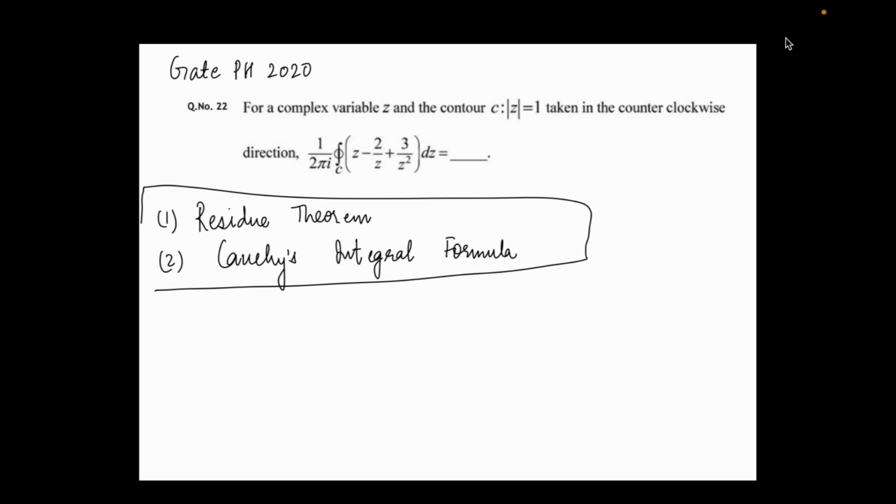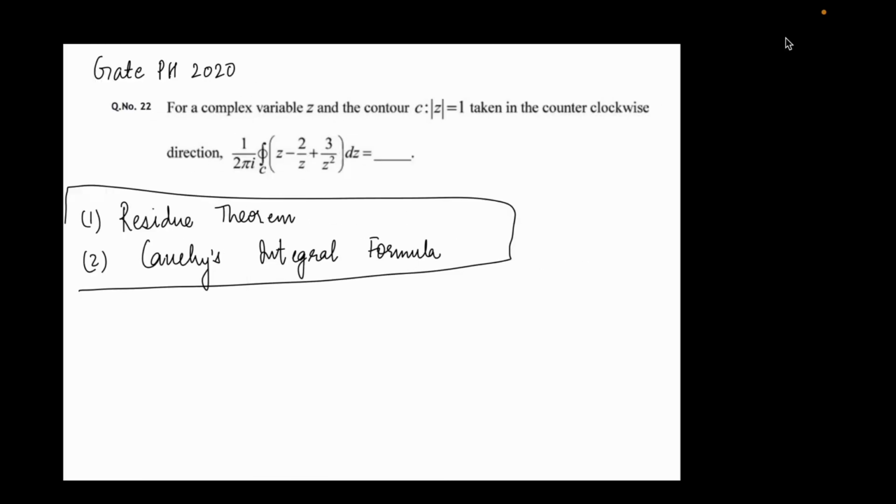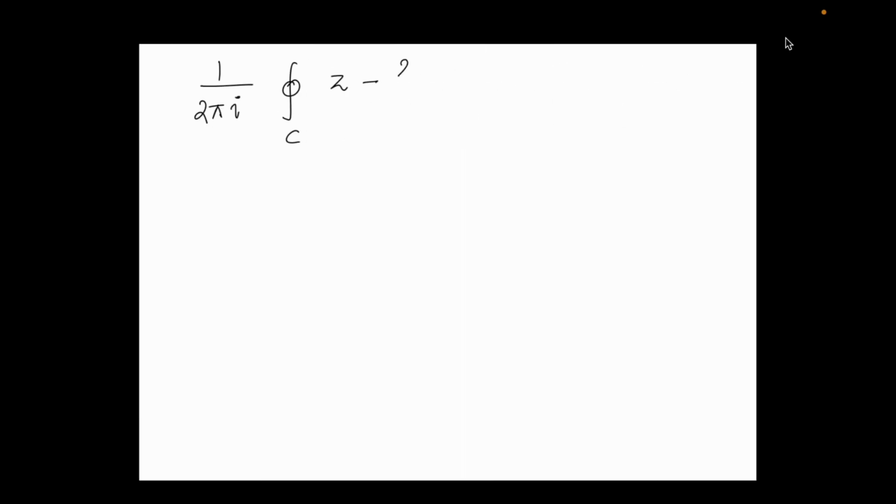Okay, so first let's write the quantity which we are interested in, that is the integral over the contour C, and your f of z is 2 by z plus 3 by z square. Now, according to the residue theorem, let's draw the contour first.